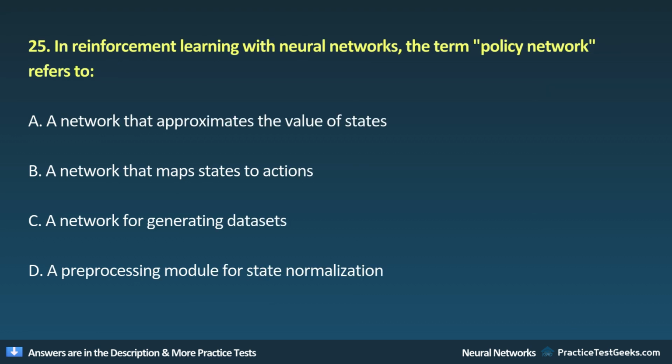In reinforcement learning with neural networks, the term policy network refers to: A. A network that approximates the value of states. B. A network that maps states to actions. C. A network for generating datasets. D. A preprocessing module for state normalization.